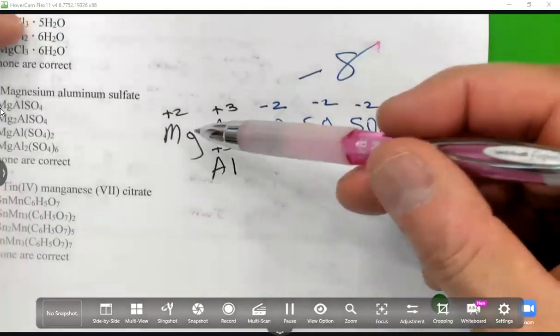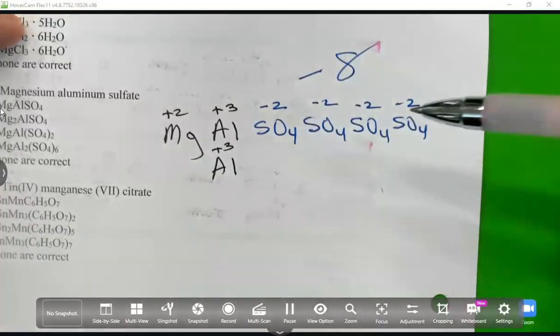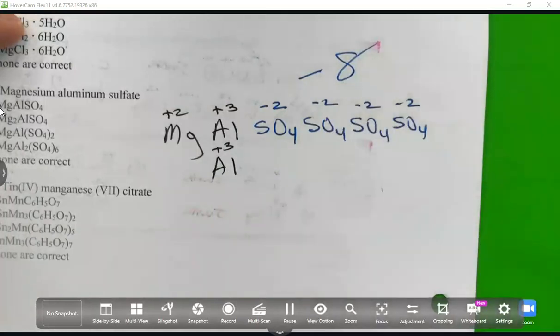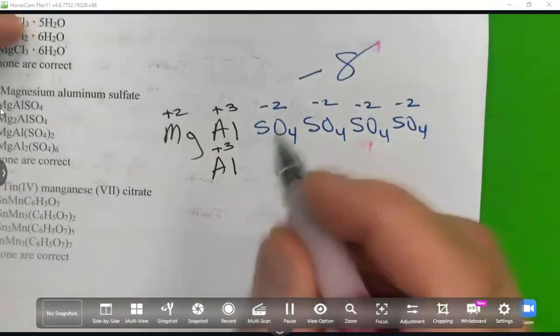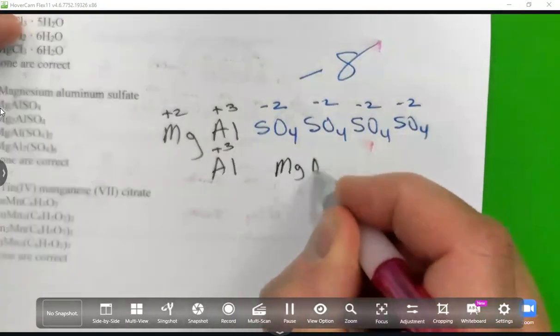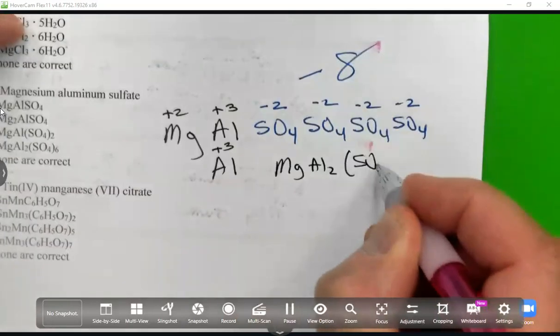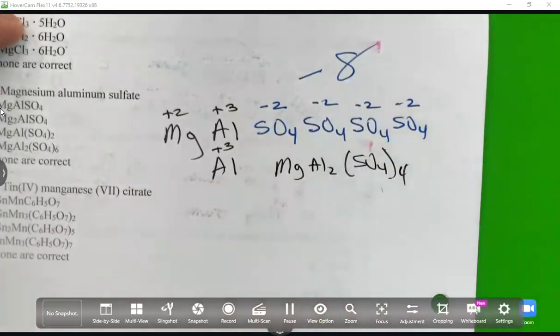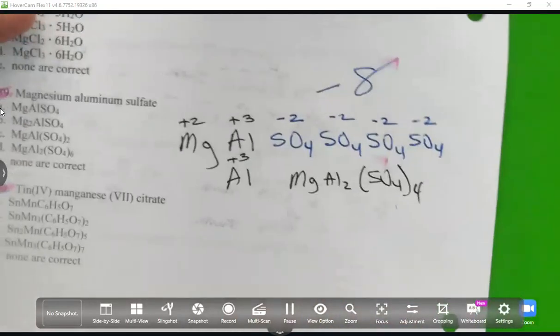So it looks like I've got 1 magnesium, 2 aluminums, and 1, 2, 3, 4 sulfates. That would work. Okay. So we'd have MgAl2SO4, right? That's the best we could do.